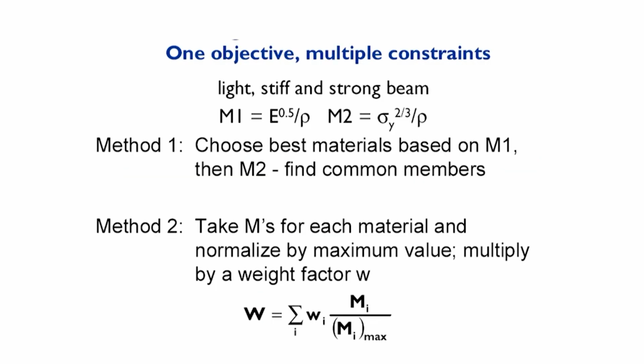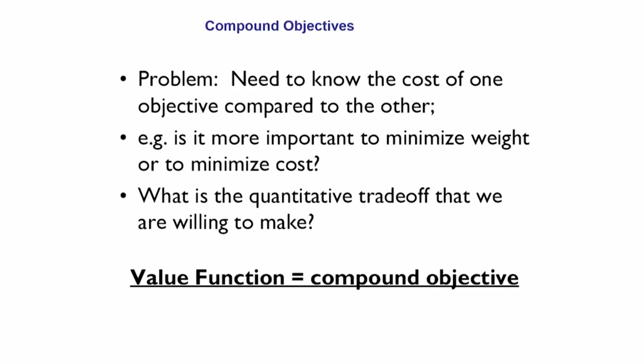Now, if you have multiple constraints, choose best materials based on M1, then M2, and find the common members, that is one way, or take M's for each material and normalize by the maximum value and then figure out the final value. That is, you consider it to be one single objective situation.